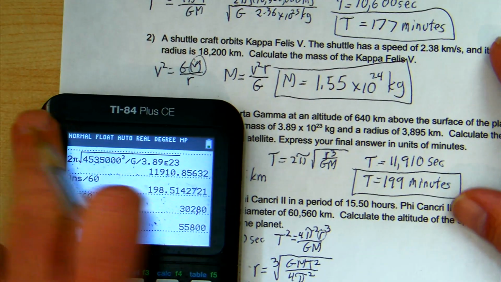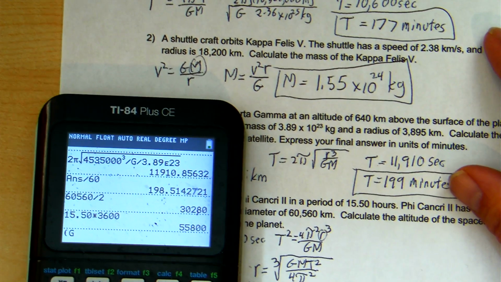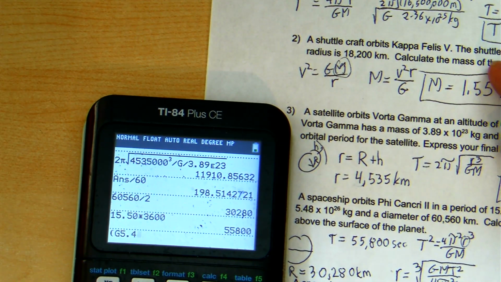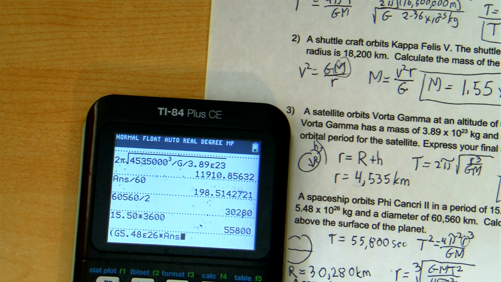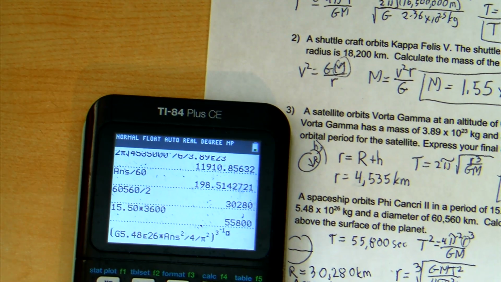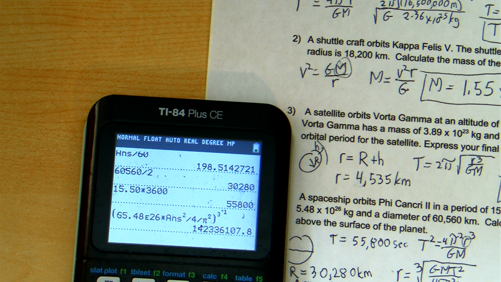So we take open parentheses, G, times the mass 5.48 times 10 to the 26th power, times T squared, divided by 4, divided by pi squared, and raise all of this to the one-third power. This will give us the orbital radius in meters.